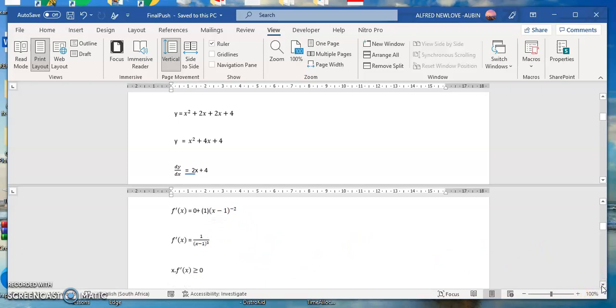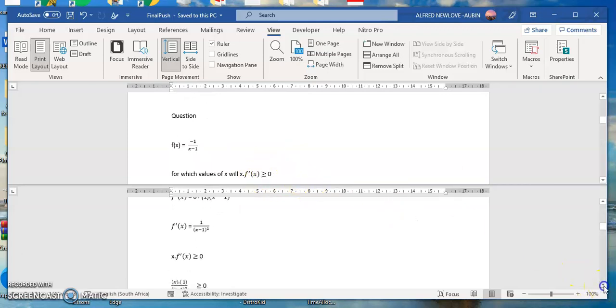So let's come to the expression. Our expression is this. Our inequality is that one. So we know this is our x, and f prime is this one. This is the 1, and this is the (x minus 1) squared.